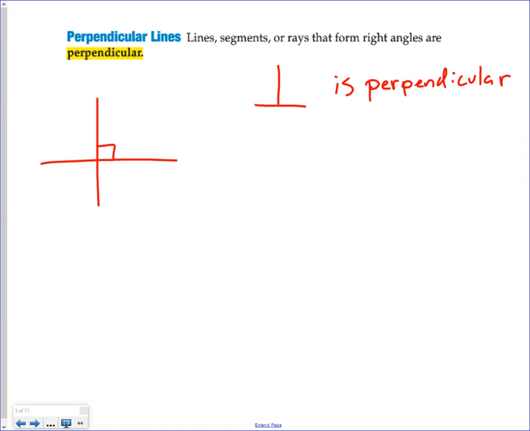So if we called these line A and B or segments, well, I guess we'll move them into being lines. Lines A and B, we might write it as A is perpendicular to B. So again, that's how we would read it.